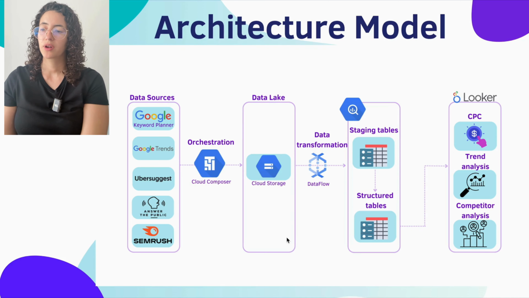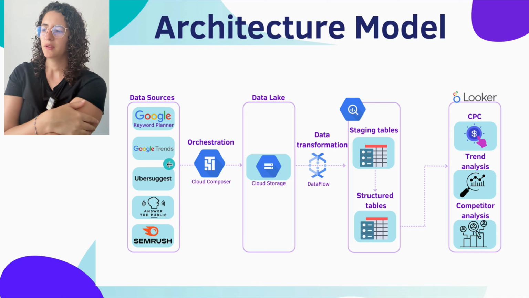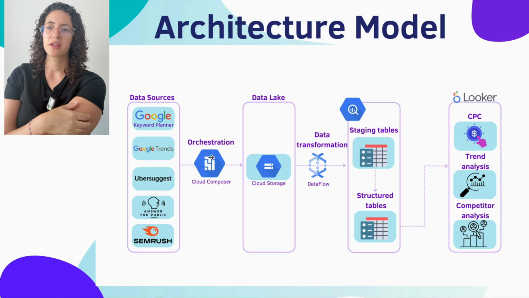Now we're at the stage where we know which layers we are going to use, and I have created this architecture model so you can follow me through how it works. Firstly, we're going to be seeing the data sources. As you can see here, we have the different tools that I mentioned. Then we're going to use our orchestration program, which is going to be scheduled to get data from these tools every day. It's going to fill the data lake in Google Cloud Storage.